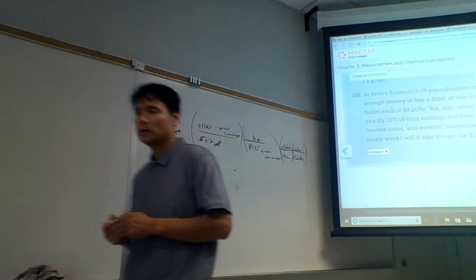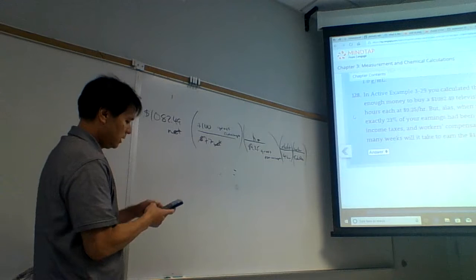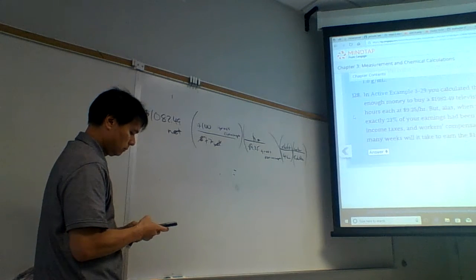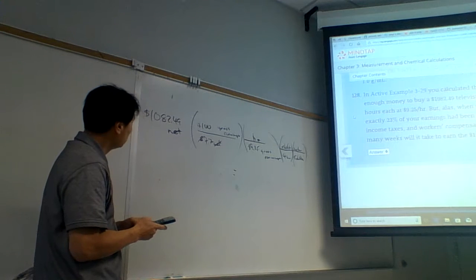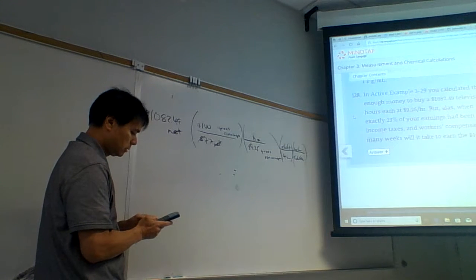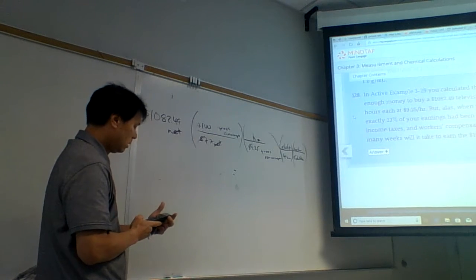We're done. So let's go ahead and calculate it now. We have 1082.49 times 100 divided by 77 equals... All right.